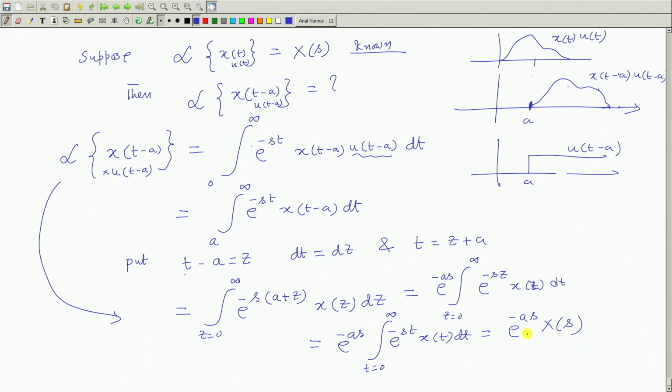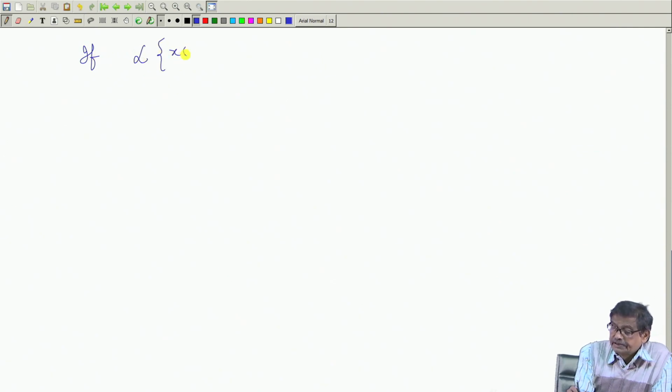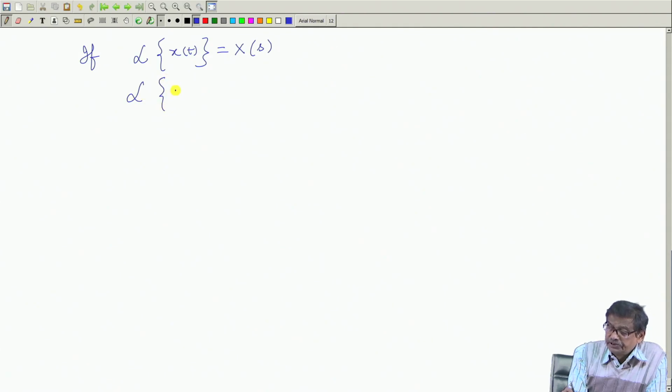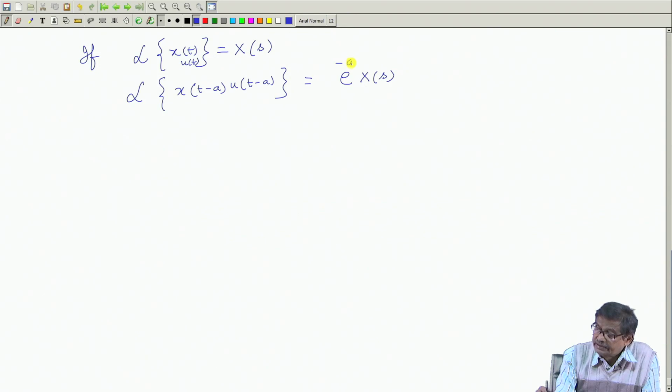Therefore, in general, if the Laplace transform of x(t) is equal to X(s), then the Laplace transform of the shifted function, I mean x(t) into u(t), I should not forget to write that, and the shifted version of it, will have the same X(s) but multiplied by e to the power minus a s.